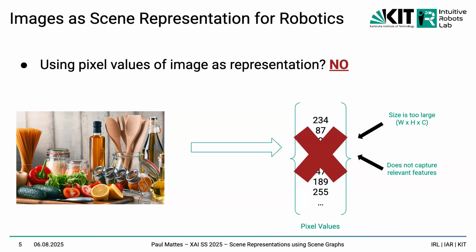Even with a small image, let's say 40 by 40 by 3, it's still a huge vector which the robot needs to incorporate. And it does not capture any relevant features, right? It's just random RGB values. If there's anything red in the image, it could be the tomato, could also be a pepper, or maybe the oil, which is reddish. So the robot has no idea what to do.